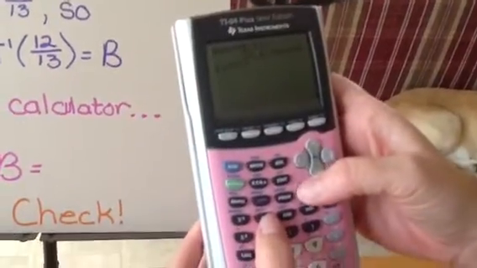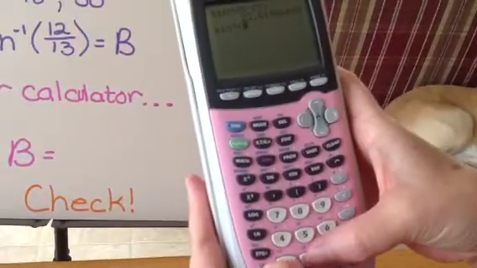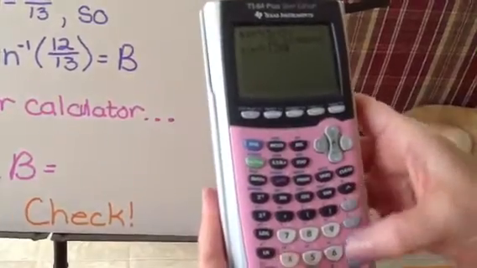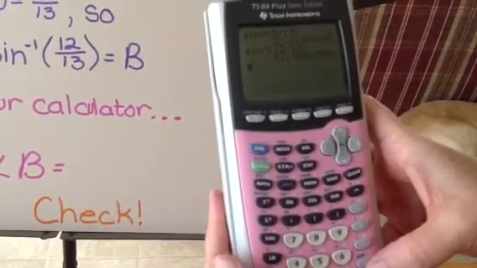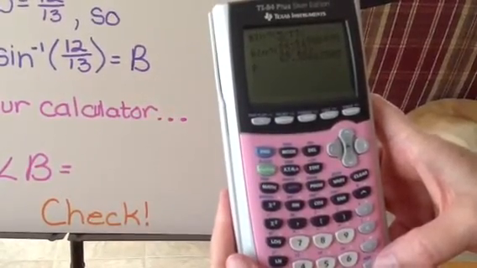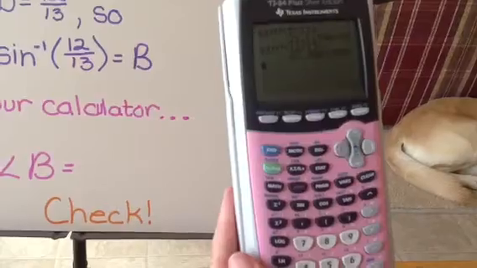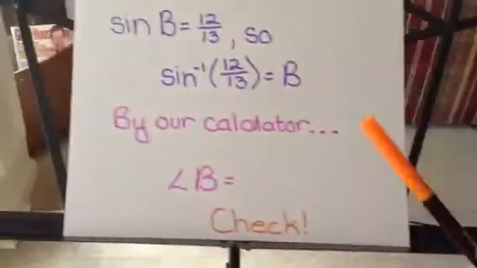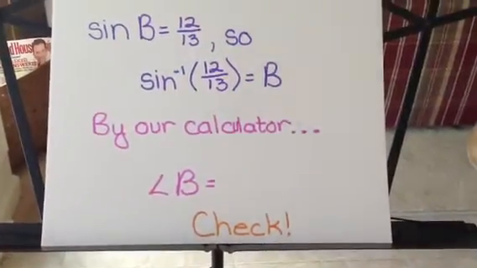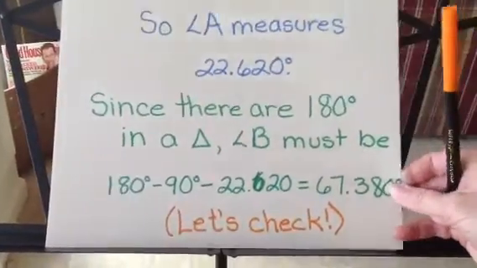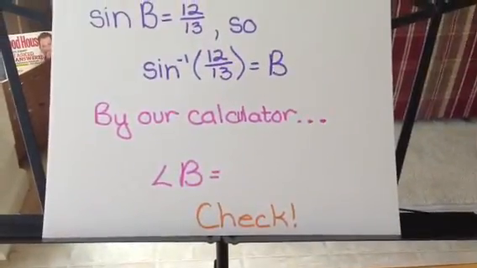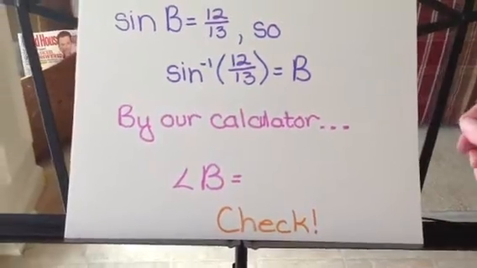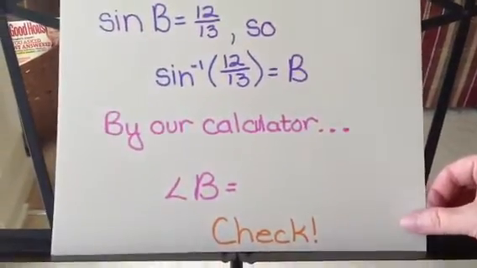Second sine of 12 divided by 13 equals 67.380 and some change. And that's exactly what we found it should be when we subtracted everything that we knew from 180. So that verifies that the ratios of our trig functions are all consistent with all the rules that we've learned about angle measures in a triangle.